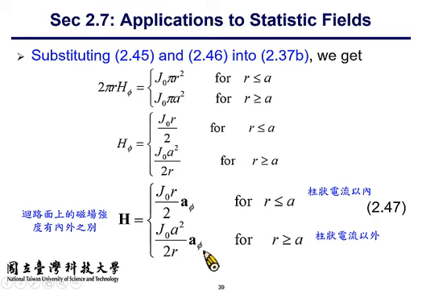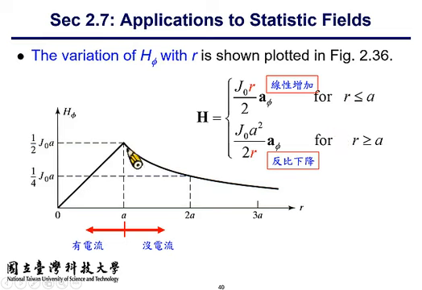And from the mathematical expression, the magnetic field intensity is inversely proportional to the distance R. And you are encouraged to draw the equation graphically, so that you have this graph.